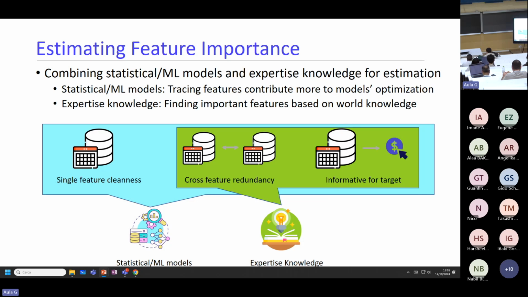This blend of expert insight with data-driven analysis ensures a more comprehensive understanding of feature importance. Together, these two approaches allow for more accurate and reliable feature importance estimation, leading to better model performance and decision making.